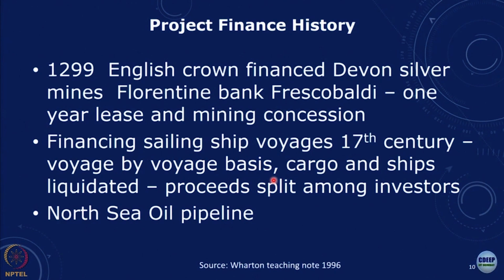Frescobaldi was given a contract or a concession with a 1 year lease to mine the Devon silver mines. The arrangement was that the bank provided the entire money for the development of the mine, with the understanding that whatever they could extract in the first year belonged to them, and that was the full payment for the financing of the mine. So this was the first example of project finance.